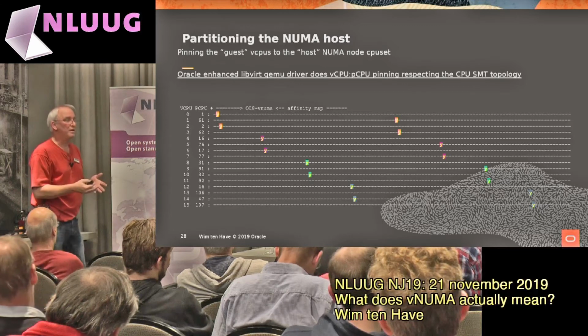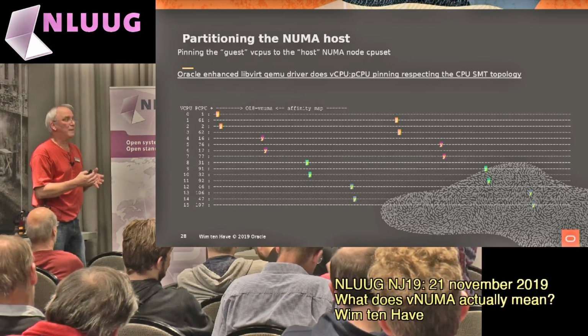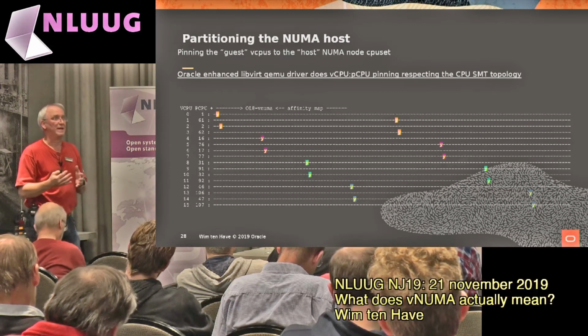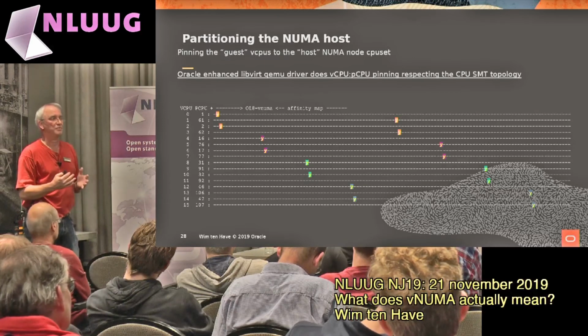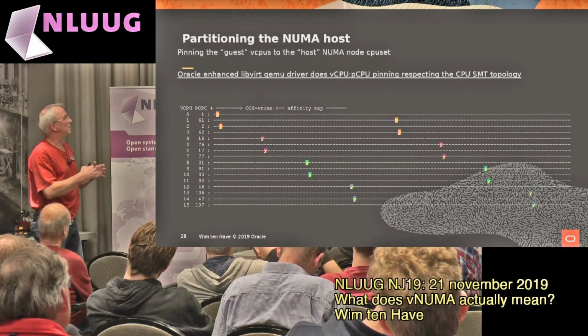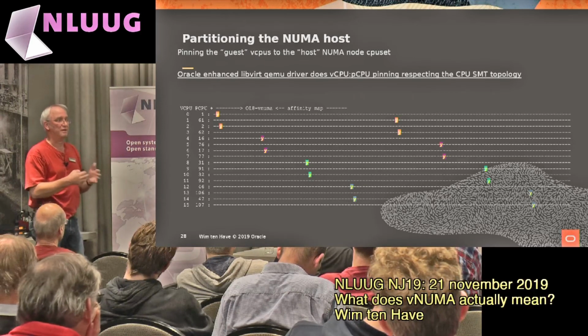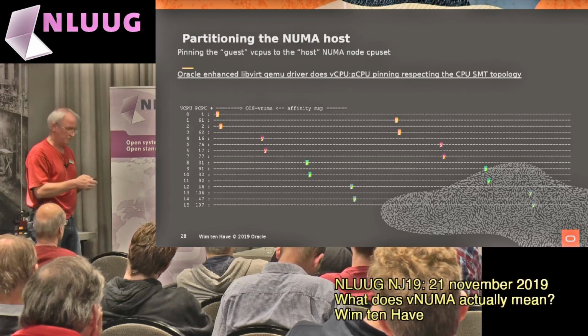So you can manually describe this in your XML for the guest, but if you have many guests, it's almost an impossible task. Then you could also automatically do that, and that is something I'm working on to upstream sometime.